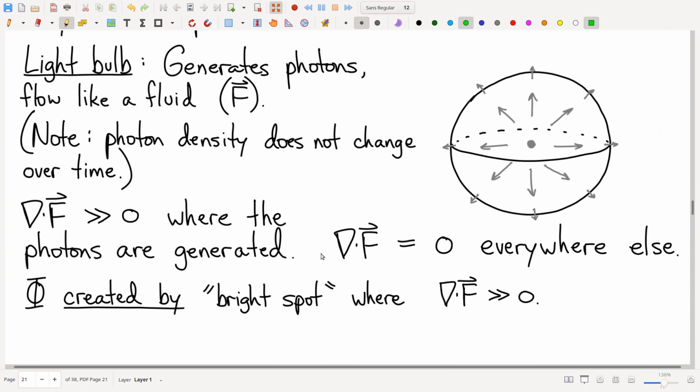Light bulbs do not come packed with a certain number of pre-existing photons. There is no photon tank inside of a light bulb. It's literally making them. But the density is constant. If we have light bulbs on in this room, the number of photons in this general area is not changing. It's a steady state situation.